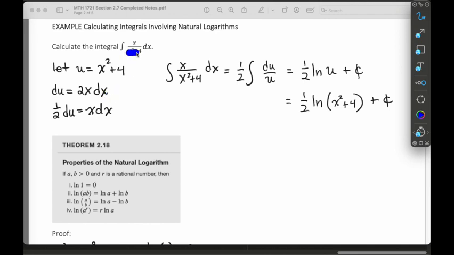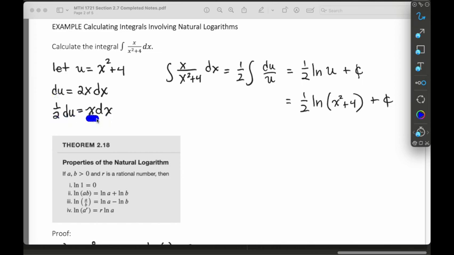Now, if this is going to be u, I want to end up with 1 over u, so it's in the form where I can integrate as the natural logarithm. So I need to get rid of the x and the dx and rewrite it as something else in terms of u. So I'm going to solve this for x dx, which means I'm going to divide both sides by 2 to isolate the x dx.